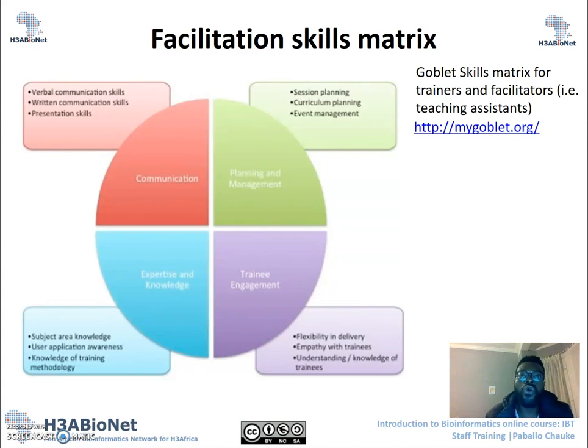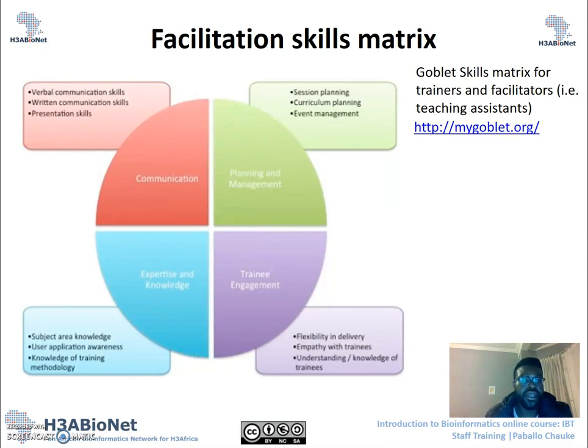So now there's 4 skills that are important in facilitation. One is communication: verbal communication skills, written communication skills, and presentation skills. So I think those are the 3 skills under communication that you need as a facilitator. Expertise and knowledge: you do need to know the subject area, right?